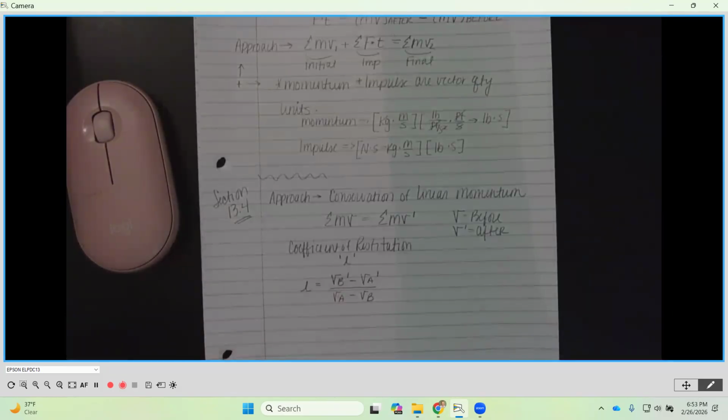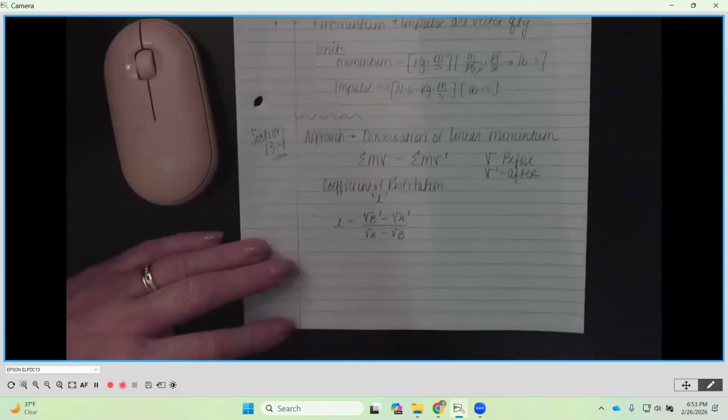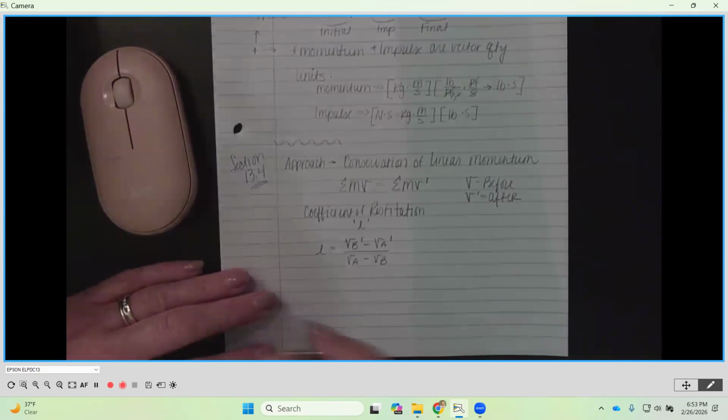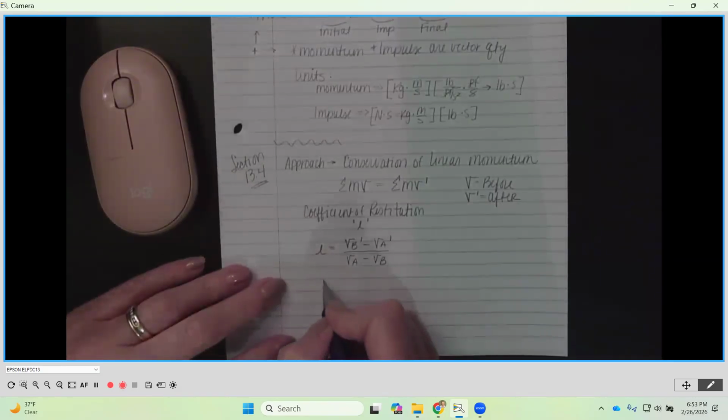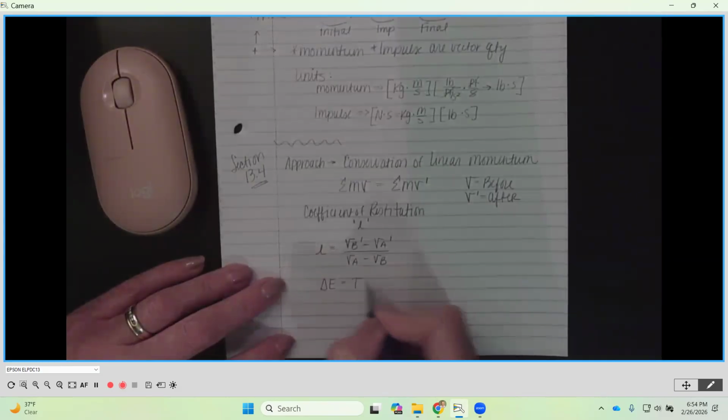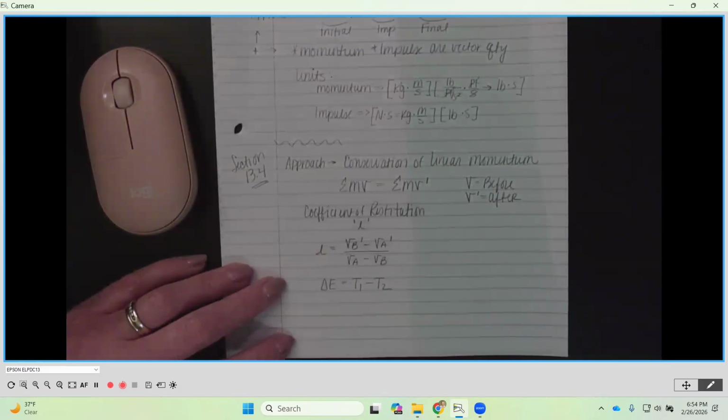There are no units. And then the last item that I want to add here, and this doesn't really have to do with the concepts in this chapter, but in one of either the problems or the last example that we look at the next time we're together, we are going to need the change in energy. It's going to be equal to kinetic energy 1 minus kinetic energy 2.